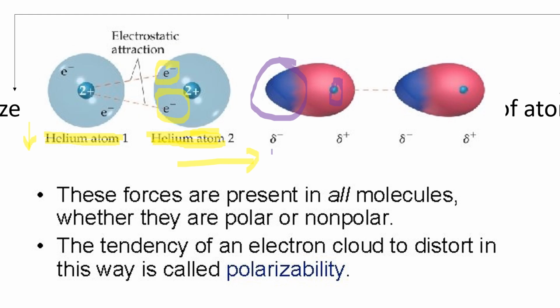Now this is in the form of a London dispersion force that also resembles dipole-induced dipole. Now here the polarizability matters. The polarizability means the tendency of making this cloud of electrons.